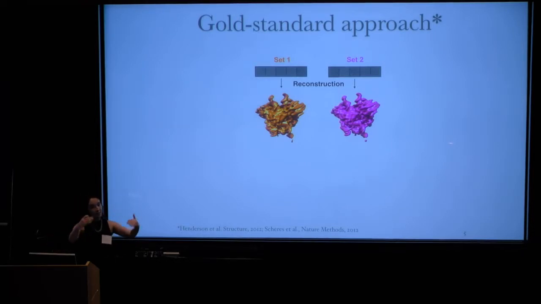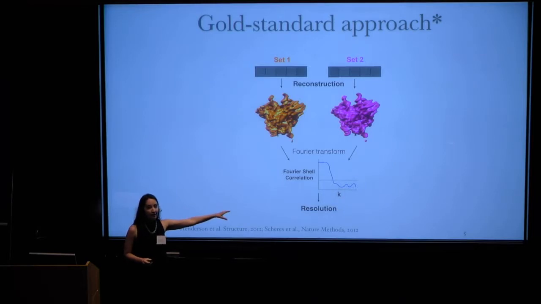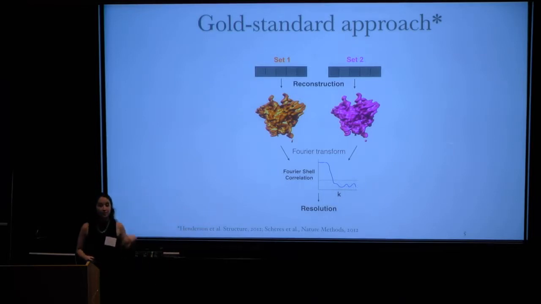At each round of iteration, you compare these two maps using the Fourier shell correlation, basically the correlation in Fourier space, and a fixed threshold is used to determine the resolution of your system, and then this process is iterated.